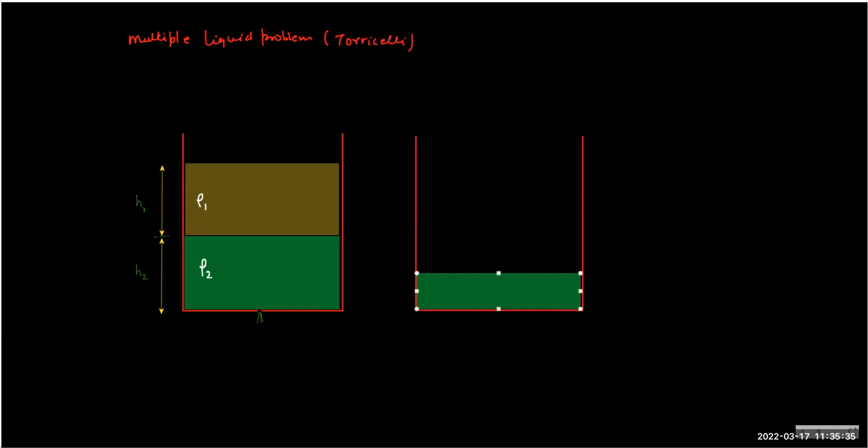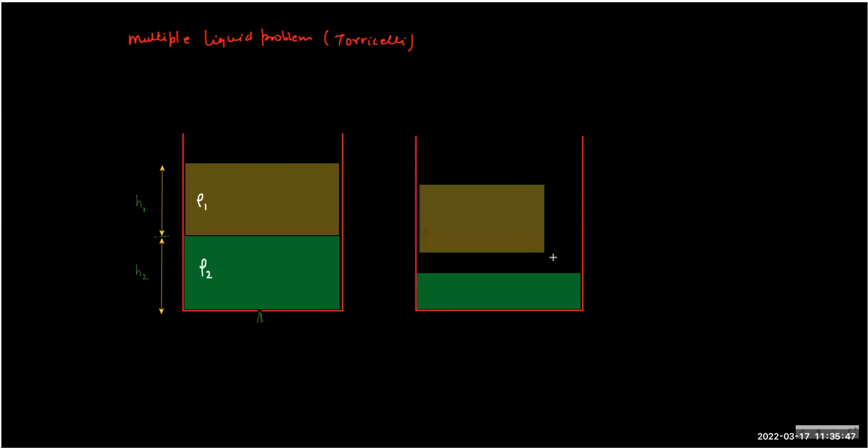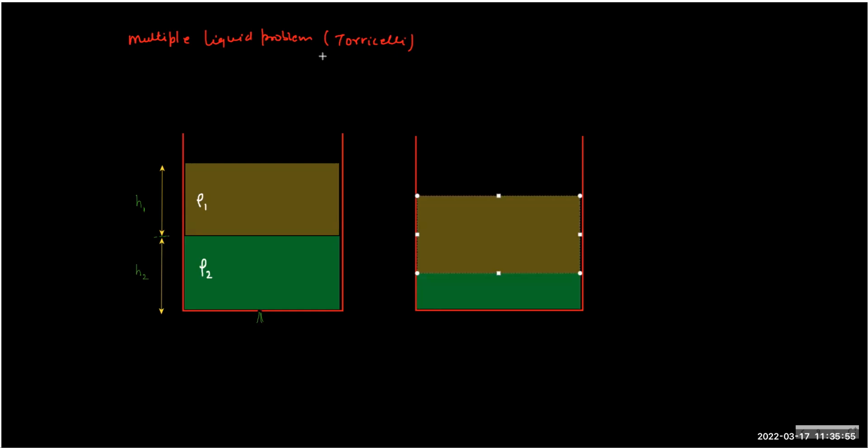The second is completely intact. So this side is small h. This is h1. Okay.